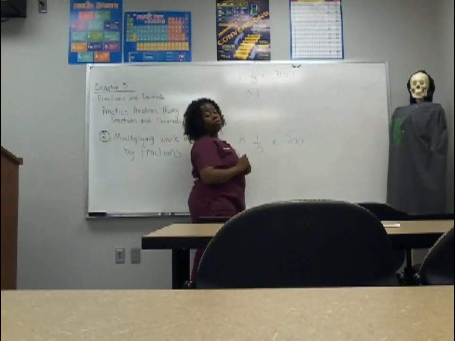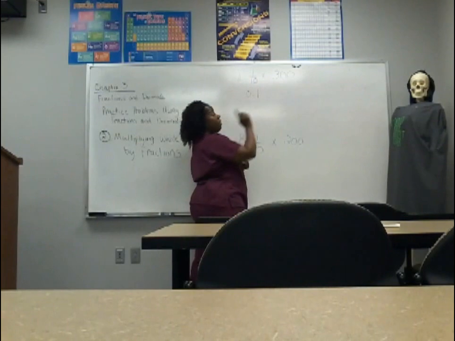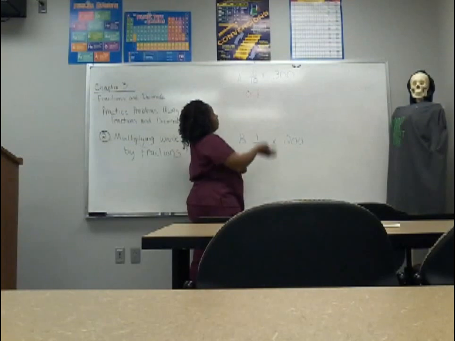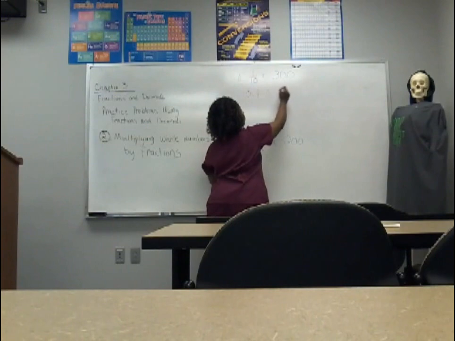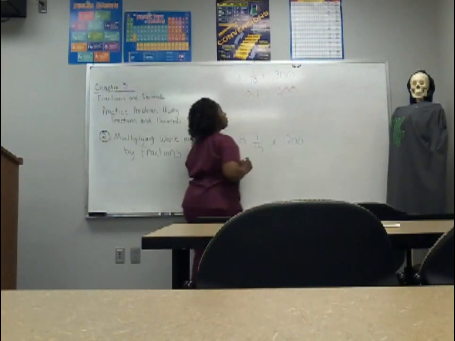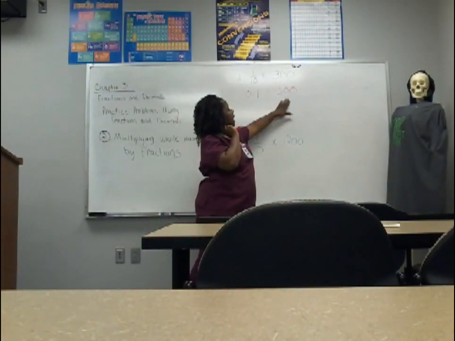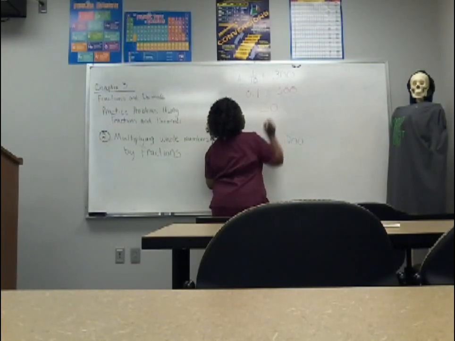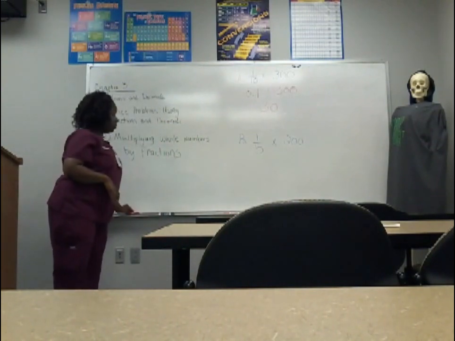If you put it in your calculator, which is the easiest and fastest way to do this, put in the 1, then divide by 10, hit equal, and it gives you your answer. Then you just multiply. So now we got 1/10 times 300, which is going to equal 30. And again, you can just simply put those calculations in your calculator.